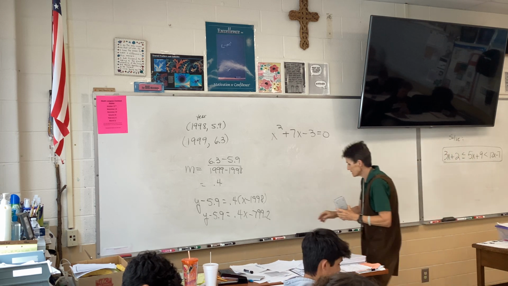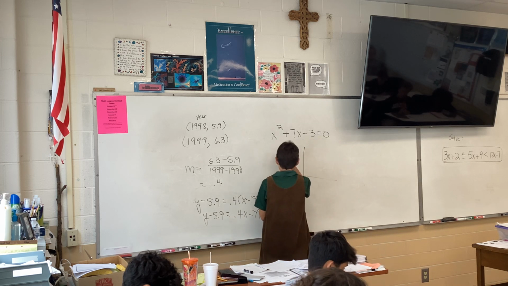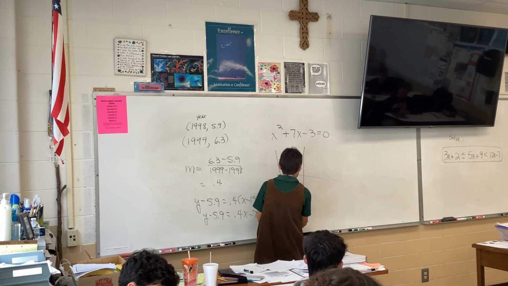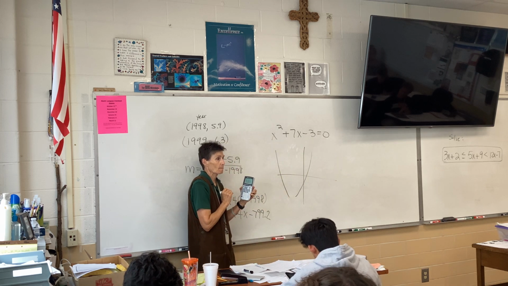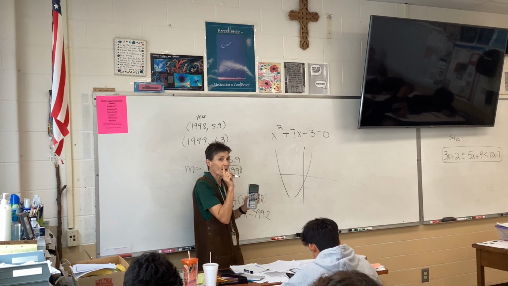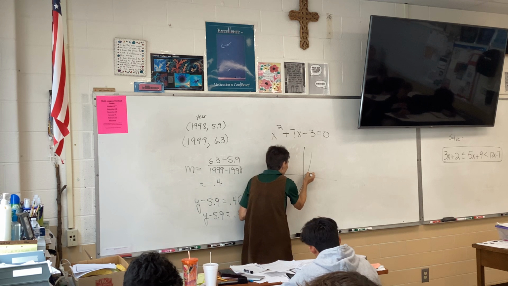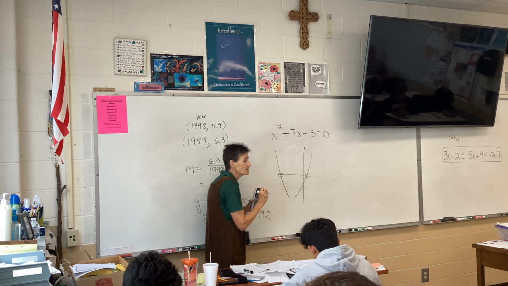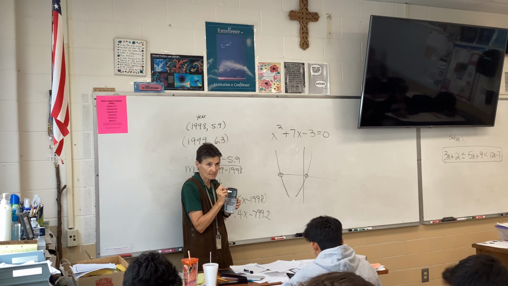Did you see something that kind of goes off the screen? You have something that looks like that? That's perfectly okay, because my answers are these 2 points. My answers are where I cross the x-axis.